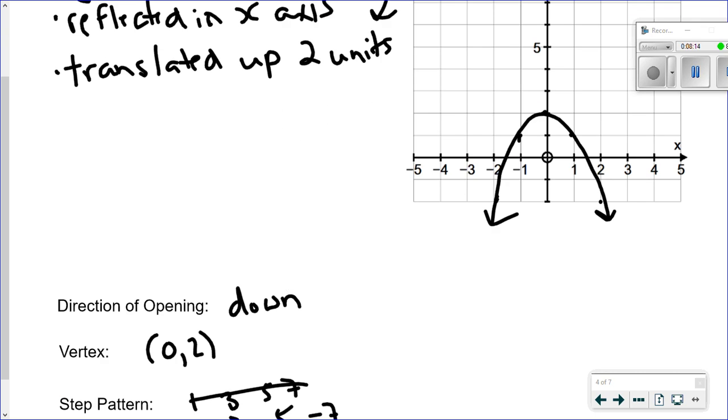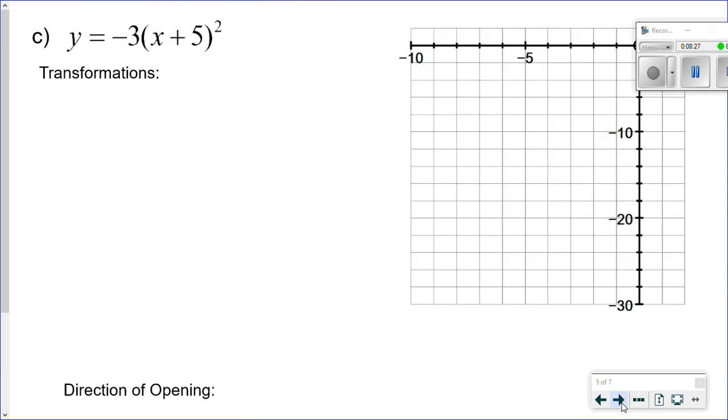Right? And it's the same thing. Over 1, down 1. Over 1, down 3 in this case. Okay, so it still holds. At this point, you should be getting comfortable. So if you want to give it a shot, go ahead.